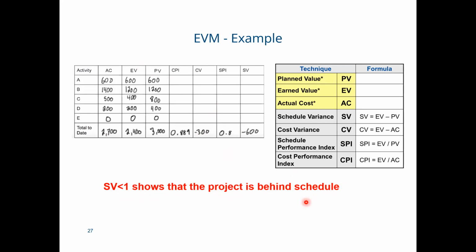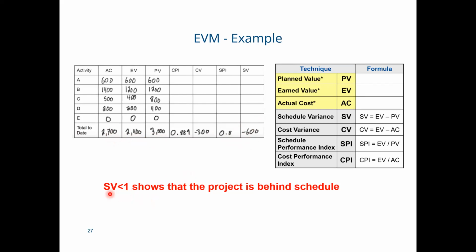Okay, now the last column, which is the SV or schedule variance, which you can see here is the earned value minus the planned value. So what is our earned value? Our earned value is $2,400 and our planned value is $3,000. So when you subtract it, you will get minus 600, right? A negative schedule variance means that it took longer than planned to perform the work, right?